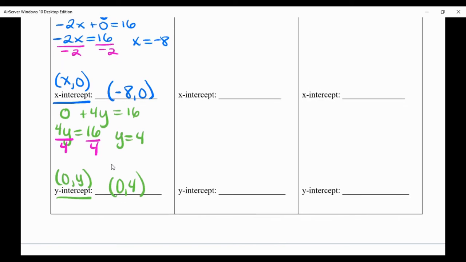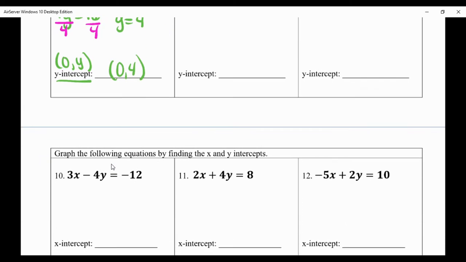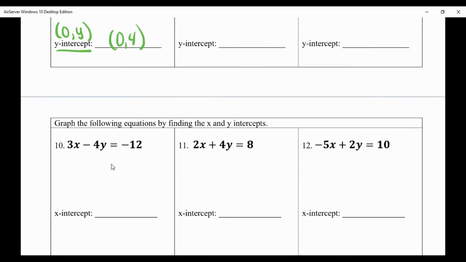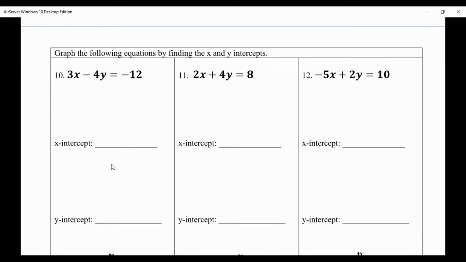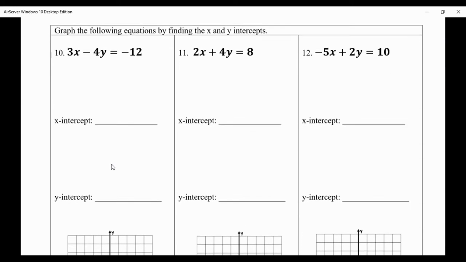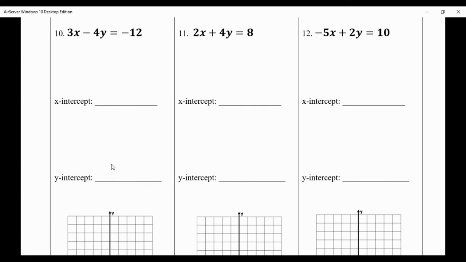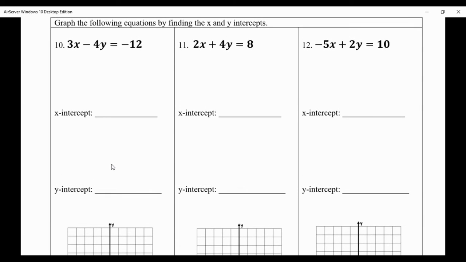Then we took it one step further and we found the x and y intercepts, and then we graphed using only those 2 points. So first we want to find the x-intercept. So we're going to substitute in y equals 0.